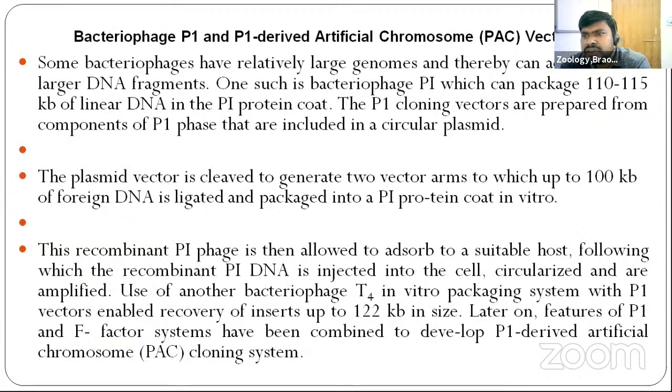The P1 cloning vectors are prepared from components of P1 phage that are included in a circular plasmid. The plasmid vector is cleaved to generate two vector arms, to which up to 100 kilobase pairs of foreign DNA is ligated and packaged into the P1 protein coat in vitro.